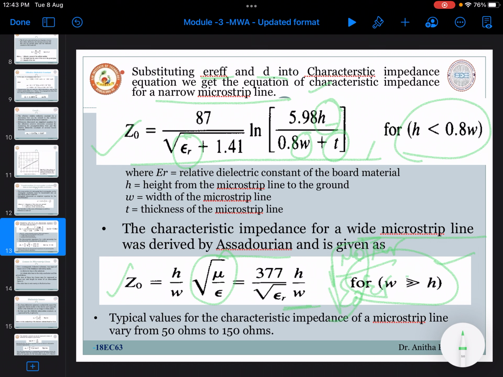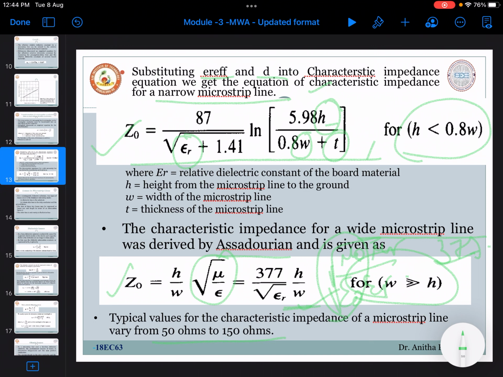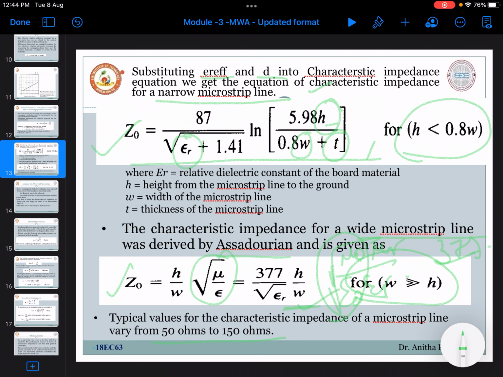The square root of mu naught by epsilon naught is nothing but eta naught, which is the free space impedance, 377 ohms or 120 pi. For a non-magnetic medium, you can use this formula. Usually the characteristic impedance of a microstrip line varies between 50 ohms and 150 ohms.